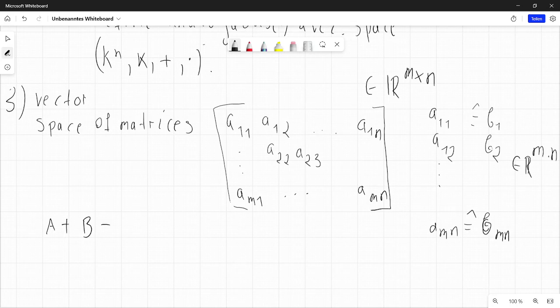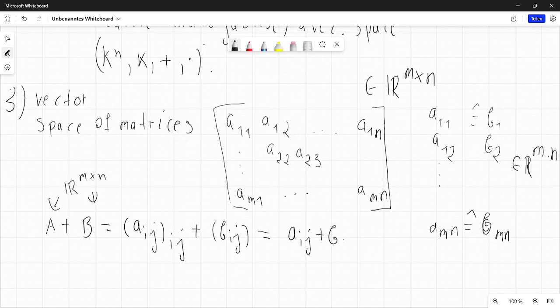And you can guess that the matrices are added entry-wise. That is, this is a short notation for matrices if they are in the same space, like R^(m cross n). That's how I write an element in this geometric position, right? That's just entry-wise addition of the elements.